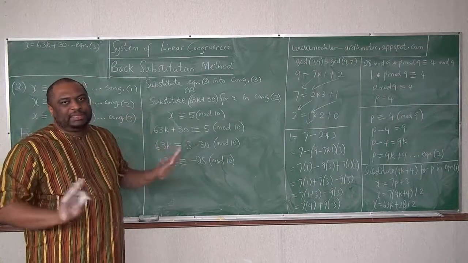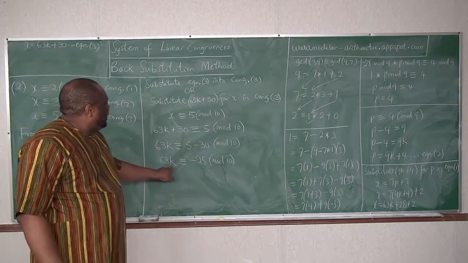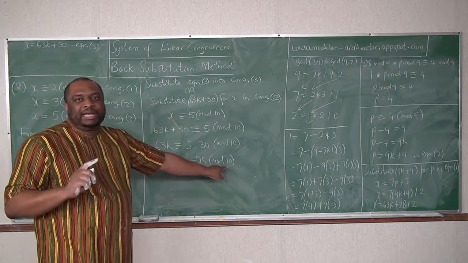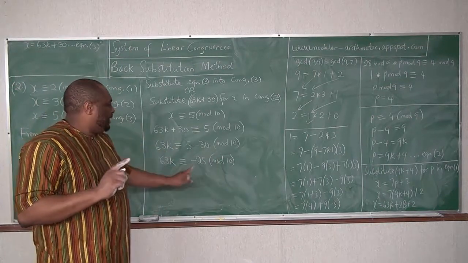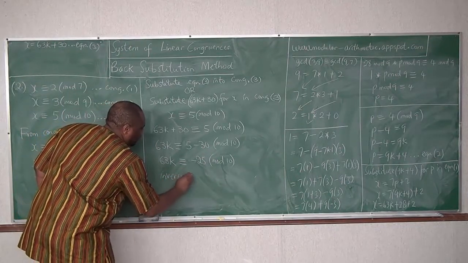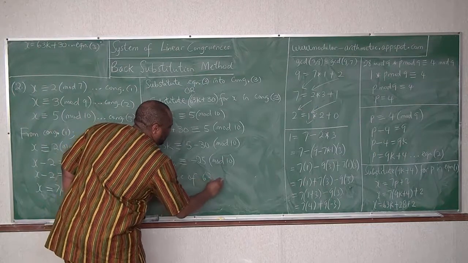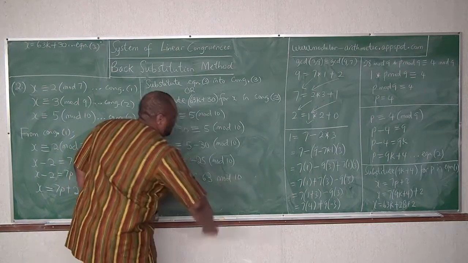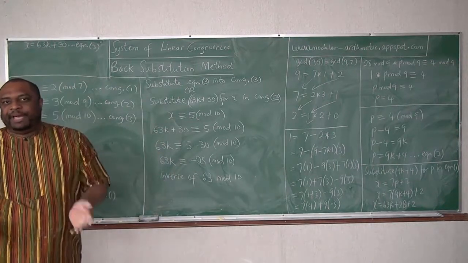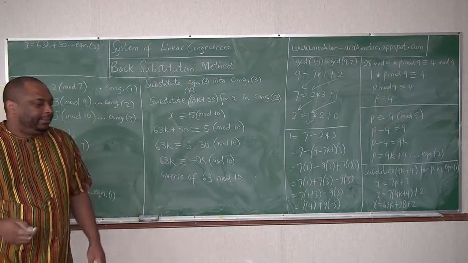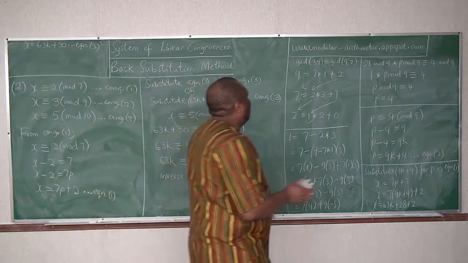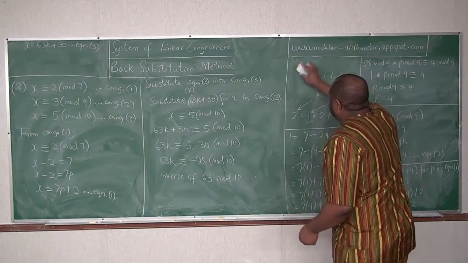Let's do this step by step. Now let's get the inverse of 63 mod 10. That's what we need, so we can multiply everybody by the inverse. So we find the GCD and then we get the inverse. Let's do that.